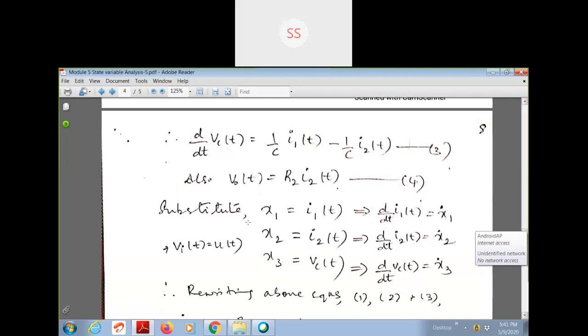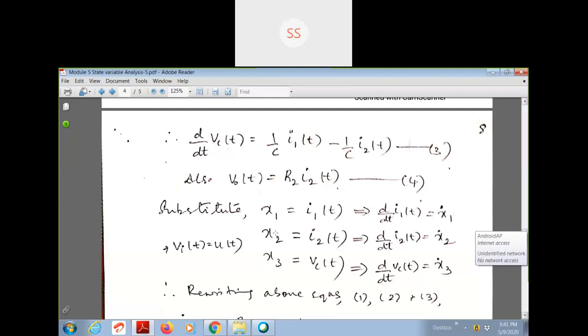Now we will assign the state variable terminology. We take x1 as the first state variable, equal to I1 of t. So I1 of t is nothing but x1, and d by dt of I1 of t is x1 dot.